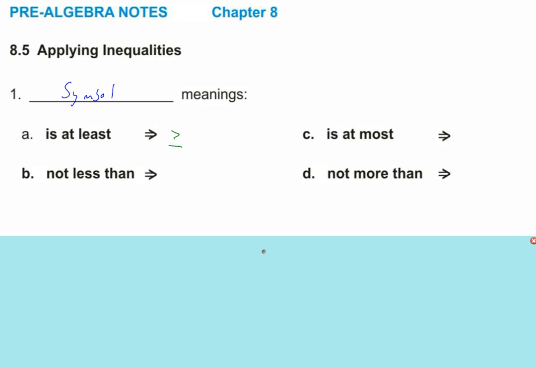So that means Allison is not 10 or 9 or 8 or 7, etc., right? Could she be 11 if I said she's not less than 11? Yes. Could she be 12? 13? Could she be 58? Okay? So what symbol would that be? Again, it's a greater than or equal to if it's a not less than.